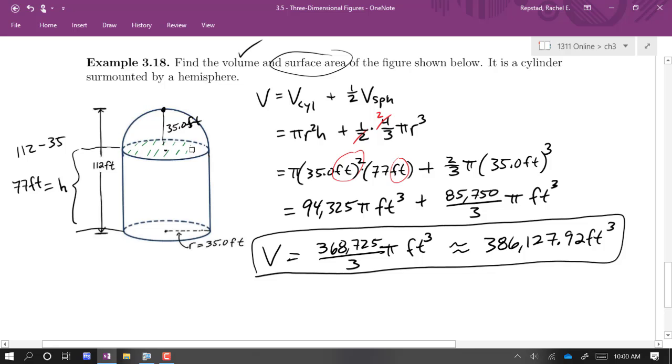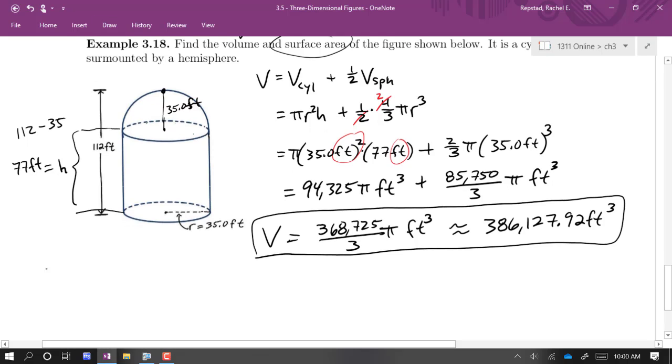So when we put together this surface area, we need to grab the cylinder part and half the area of a sphere.